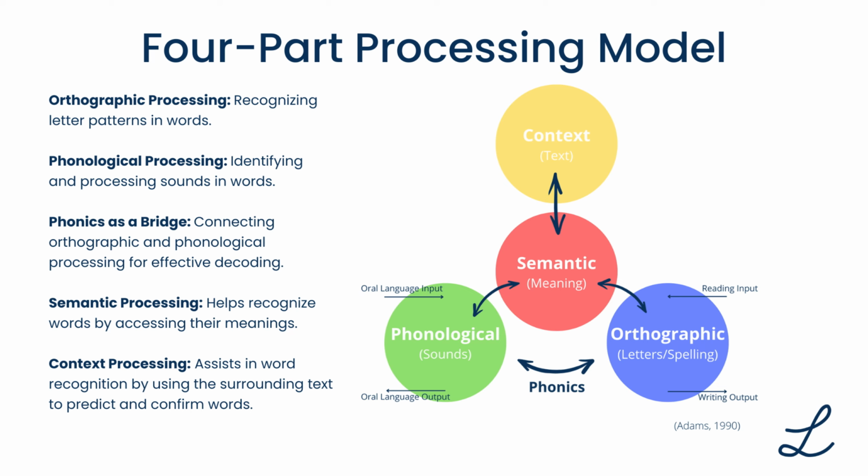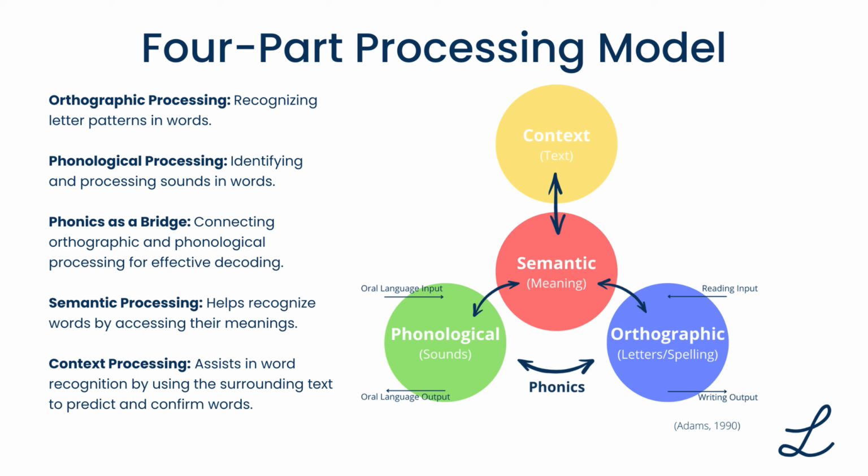This connection allows students to differentiate between similar-looking or similar sounding words, making word recognition faster and more accurate. For example, understanding that bark can mean the sound a dog makes or the outer layer of a tree helps students use meaning to confirm the correct word.